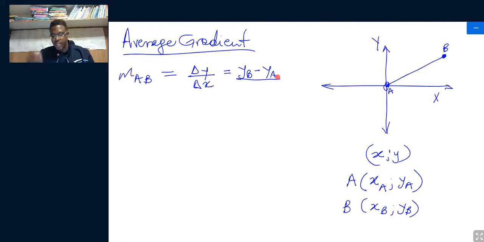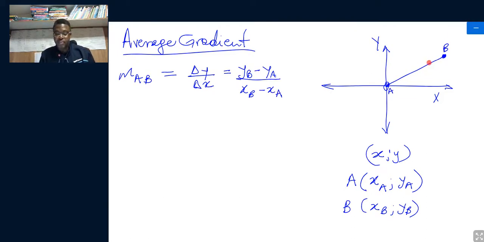Similarly, the horizontal distance between these points is x sub b subtract x sub a. This is the equation for calculating the average gradient of a line.